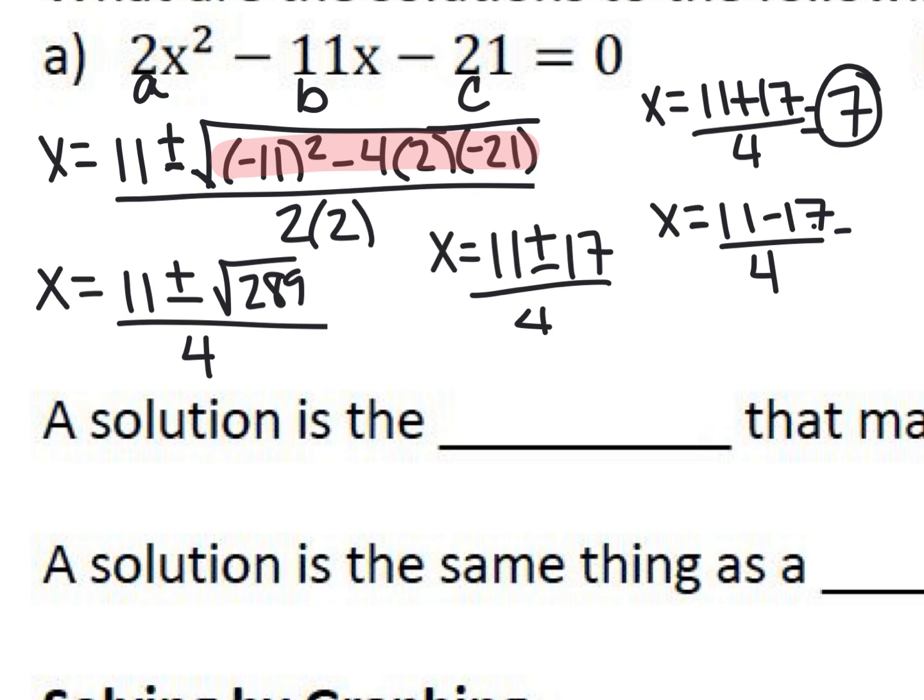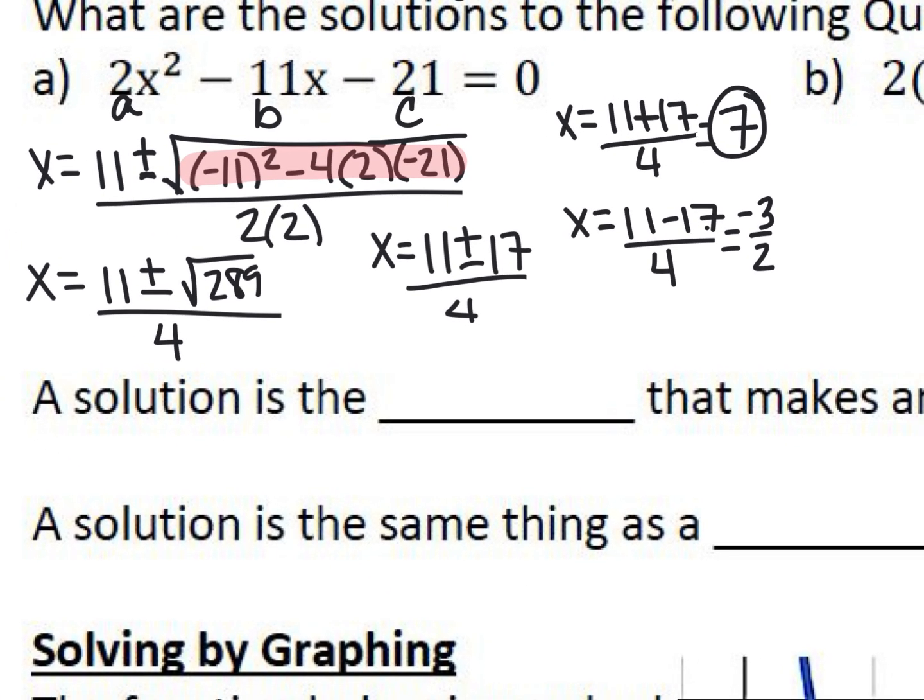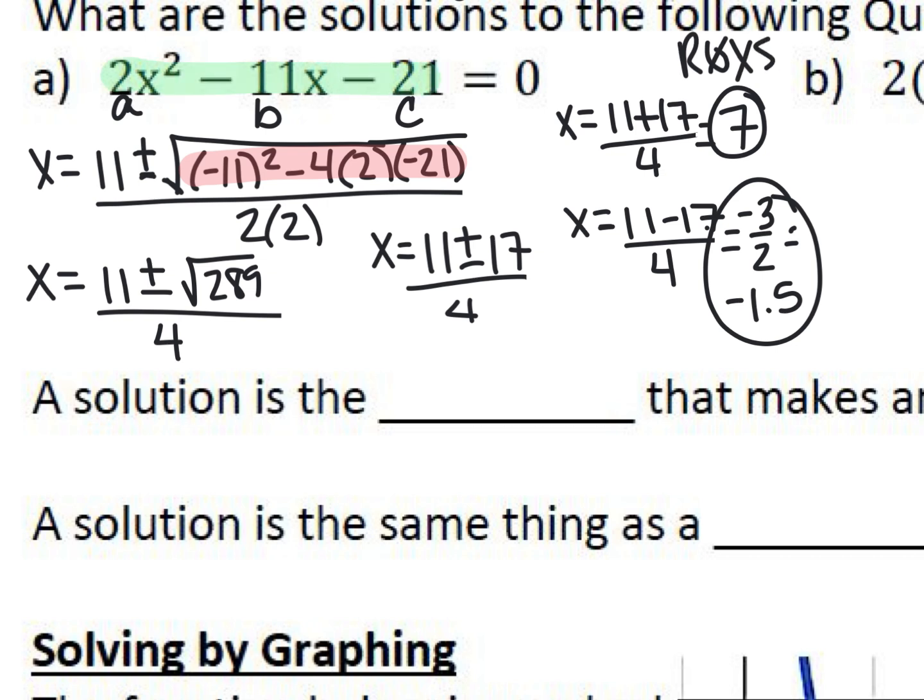Negative 6 divided by 4 simplifies. You can do it in the calculator: negative 3 over 2. Or you can write it as a decimal. I'm going to actually write it underneath because I don't want to run into the next problem. Negative 1.5. And remember that these are our rocks. If we were to graph this equation in Desmos and we tap where the x-intercepts are, we're going to get a positive 7 and a negative 1.5.